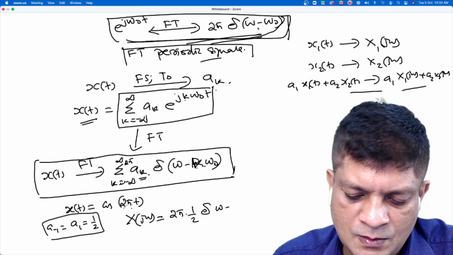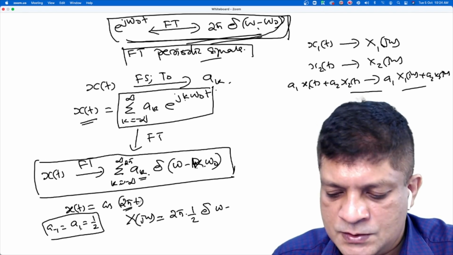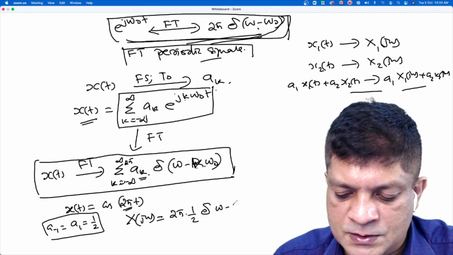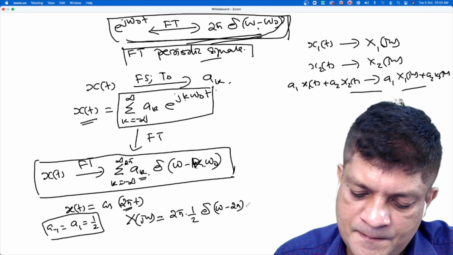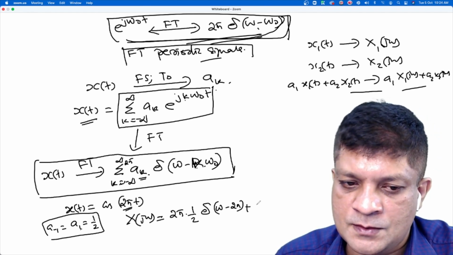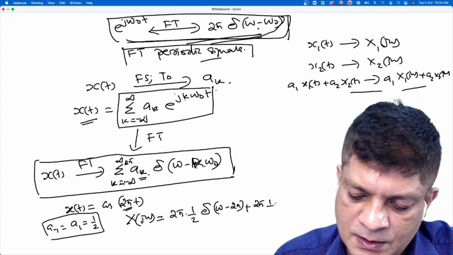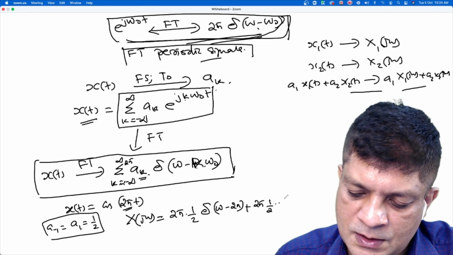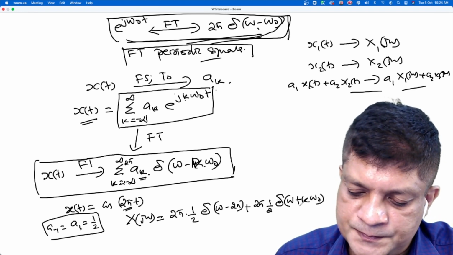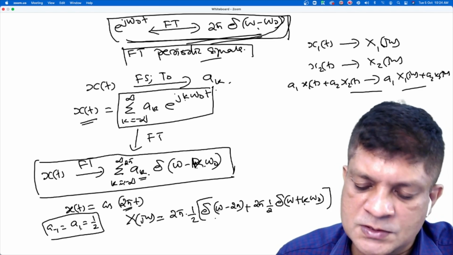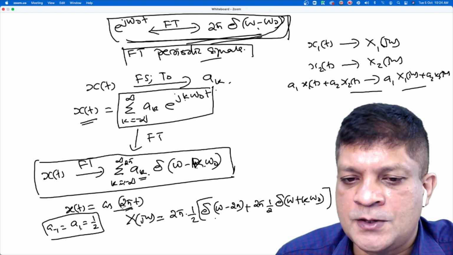Period is 1, T naught is 1, so omega naught is 2 pi. And then plus 2 pi into, when k is minus 1, again 1 by 2 delta of omega plus omega naught. So this is the Fourier transform of the signal cos 2 pi t.